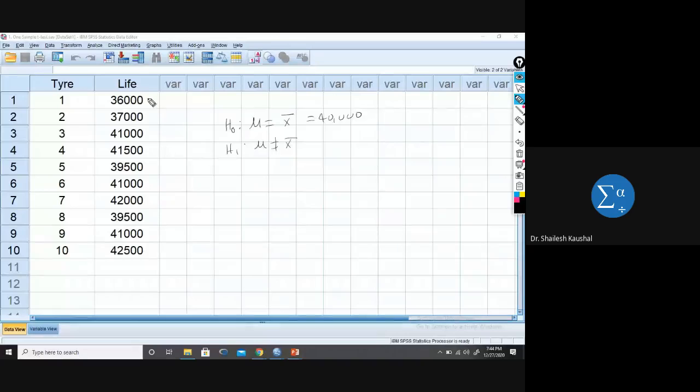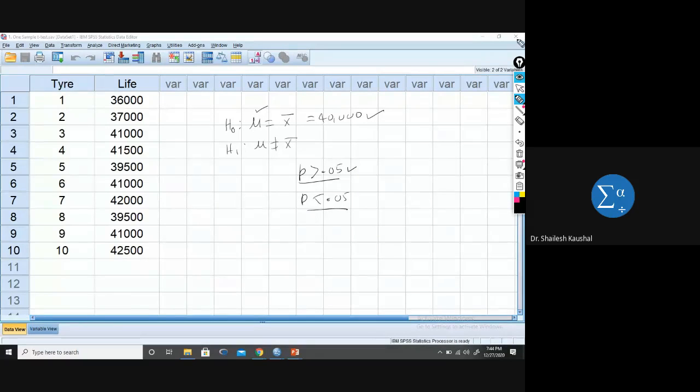He is saying the tire will run 40,000 kilometers. If p value is greater than 0.05, it means his claim is correct. If p value is less than 0.05, it means his claim is false, a false commitment. So we will check the p value.